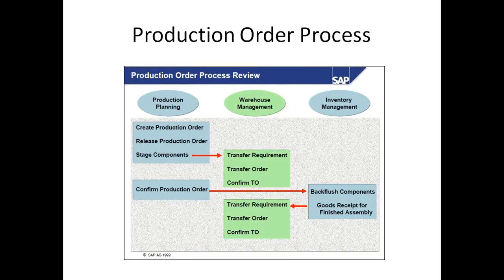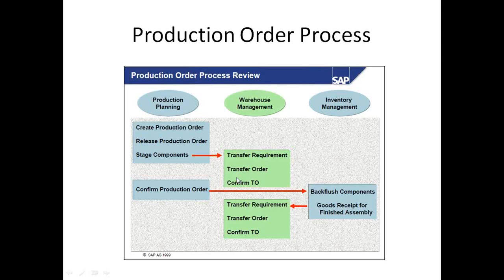It goes and searches in the warehouse, and if any material is available, like the BOM related materials for that particular production process, it will reserve it and stage it in the staging location. For that, it will automatically create a transfer requirement, an open transfer requirement. And then we create a transfer order and confirm it.